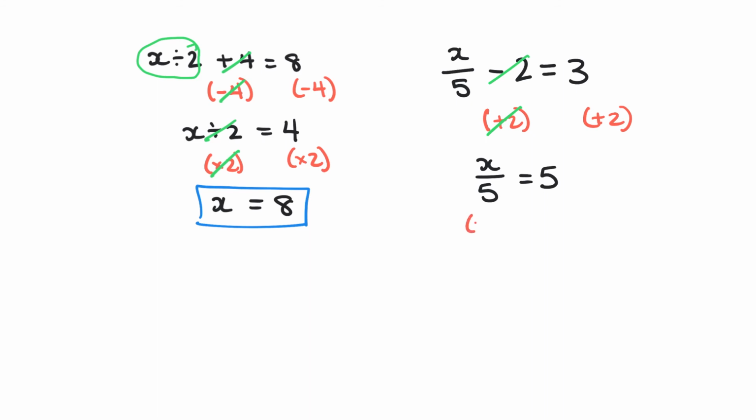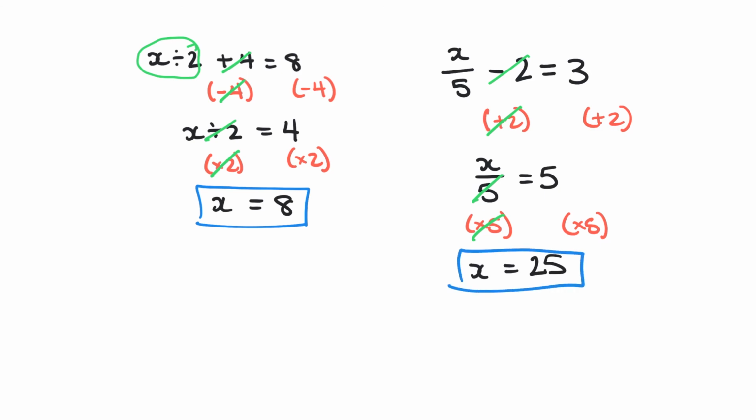So I'll do the opposite, times by 5. The divide by 5 and the times by 5 cancel, leaving me with x. And 5 times by 5 gets us 25. So that would be our final answer.